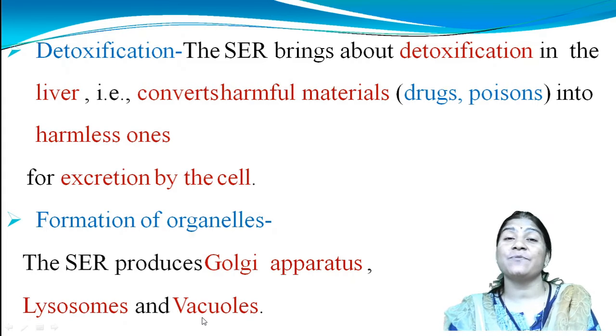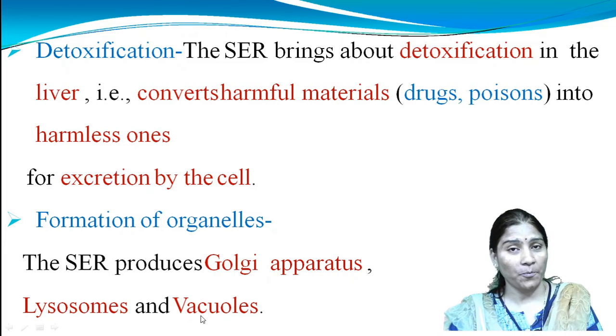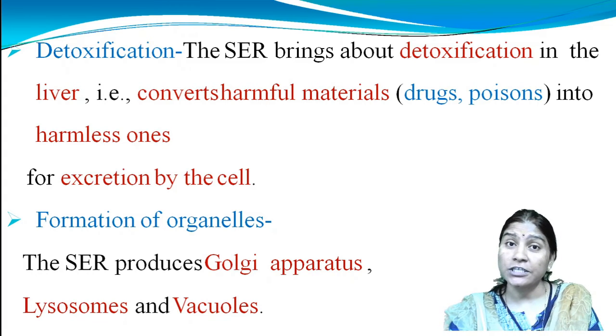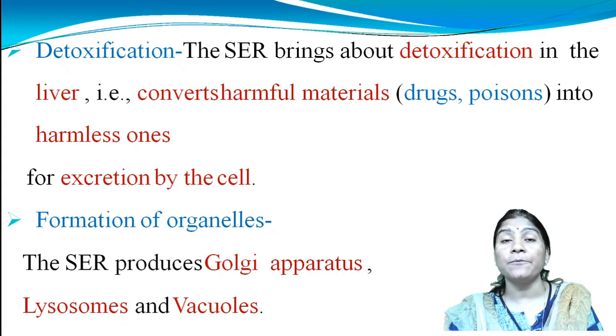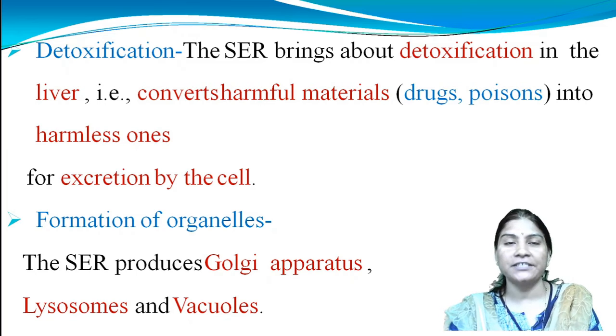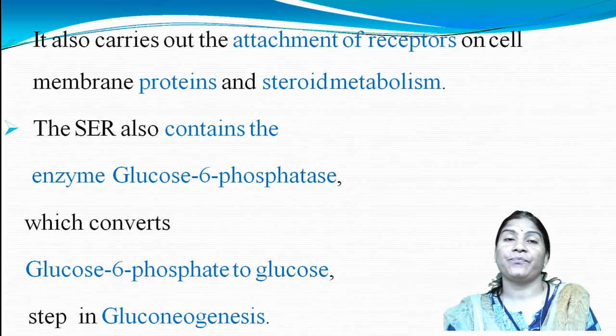Means the smooth endoplasmic reticulum is not only used for the metabolism of lipids, carbohydrates, and the detoxification process, but it also plays an important role in the formation of various organelles like the Golgi apparatus, lysosomes and the vacuoles.